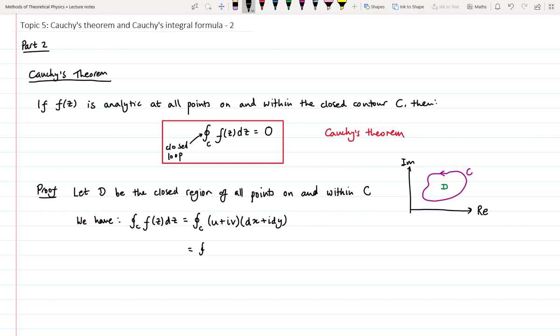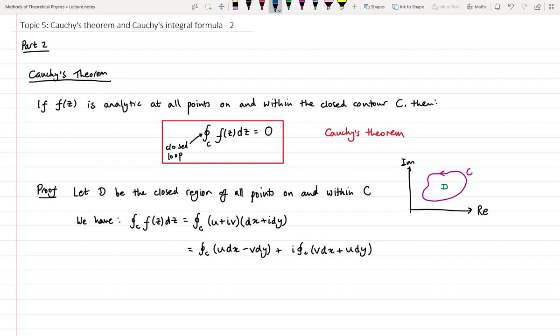Multiplying this out, we obtain a contour integral along C of u dx minus v dy plus i times the integral of v dx plus u dy.